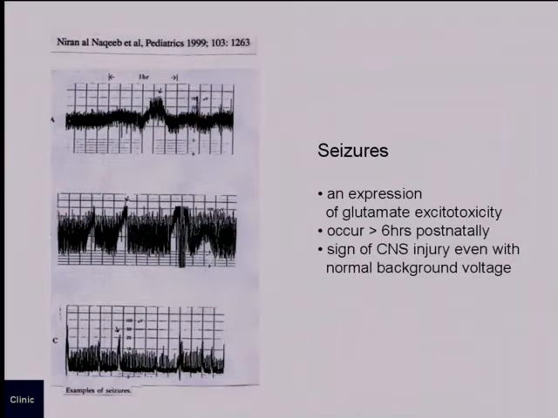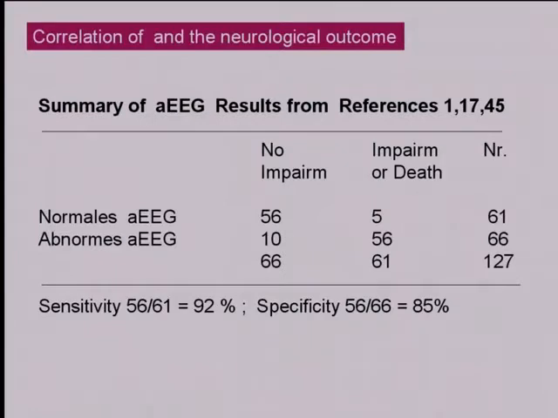Next slide. I have shown you already that seizures can be detected in the EEG by elevating voltage, both upper and lower being elevated. And as I said, independent of the voltage background, seizures are always a sign of central nervous injury. Next. I have told you that the EEG is the so-called gold standard for predicting by electrophysiological means the outcome. Very high sensitivity, very high specificity. What I want to point out here is the following.